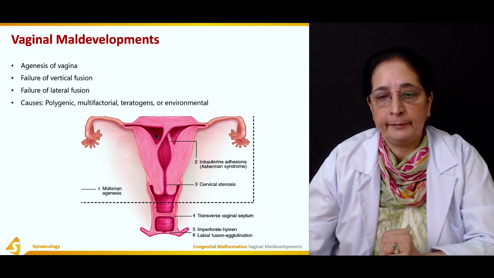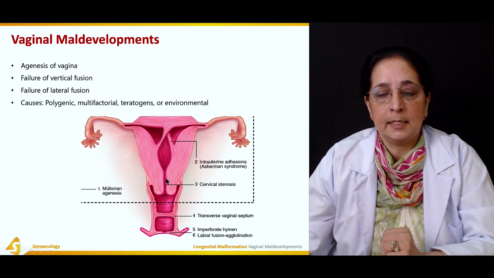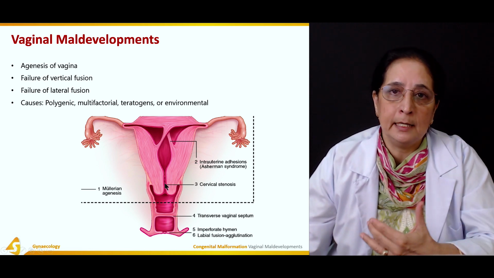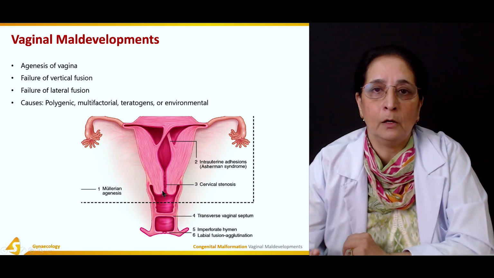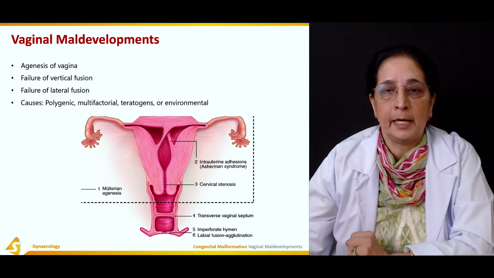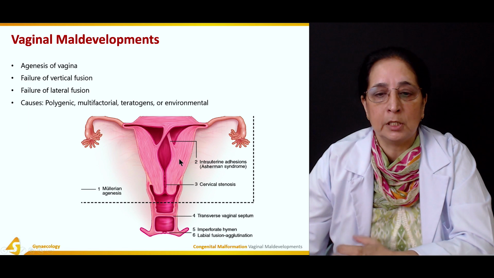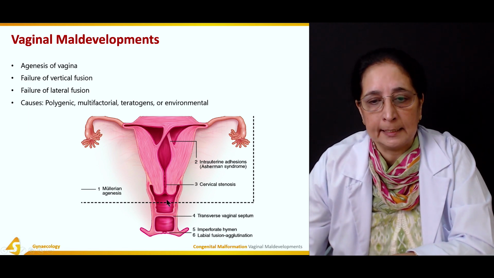Also, we have cervical stenosis, which is the narrowing of the cervix. The cervix is the opening, the lower part of the uterus, and if there is stenosis, it can also lead to infertility.